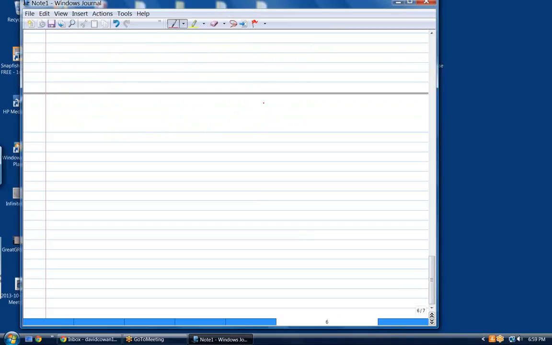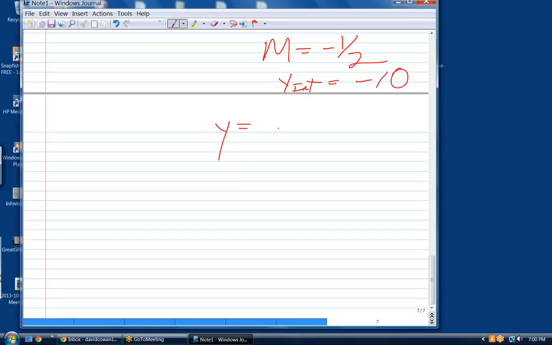They usually give you 2 out of 3 things. So if I say slope is -1/2 and y-intercept is -10, what's the equation of that line? The equation would be y equals 1/2 x plus 10. -1/2 x minus 10.